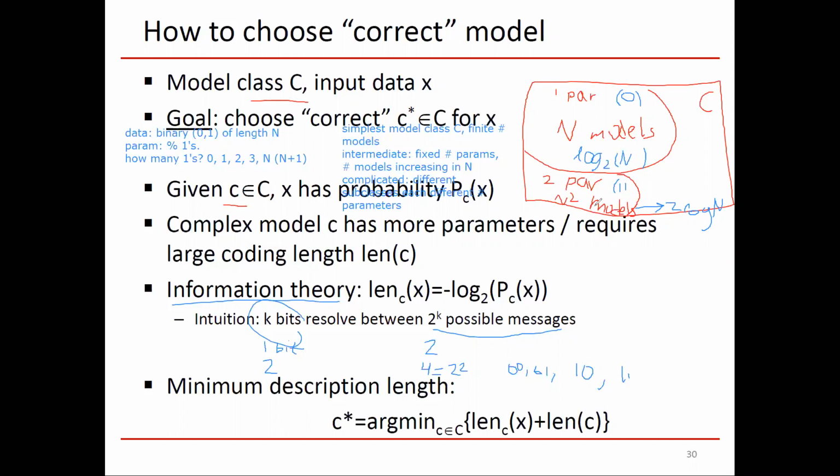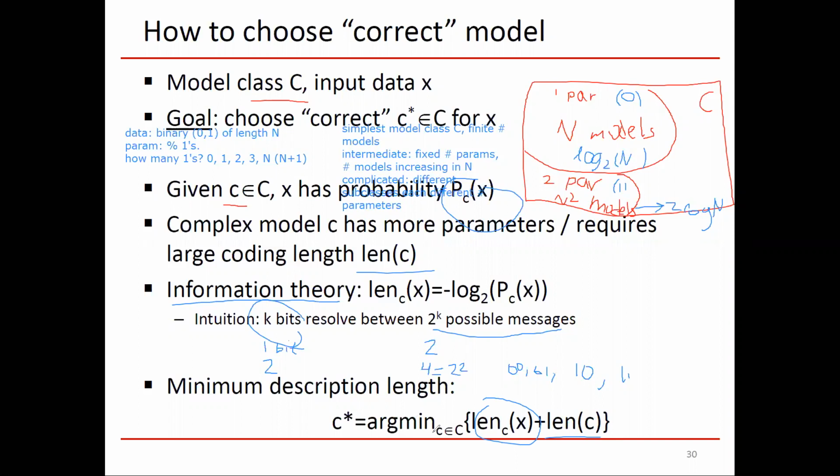So I'm saying that you need bits to describe the data, PC of x, and you need bits to describe the model, length of c. And for the overall description, you need length of c to describe c, lowercase c, and length c of x, given that you've decided on c, to describe the data x.